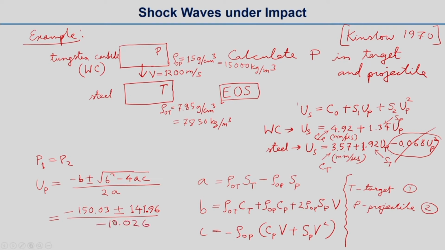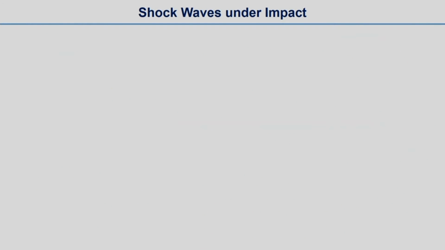So we have a plus minus sign here, so we will get two roots out of here, and fortunately both are positive roots. We can write it in kilometer per second, or this is nothing but 805 meter per second.